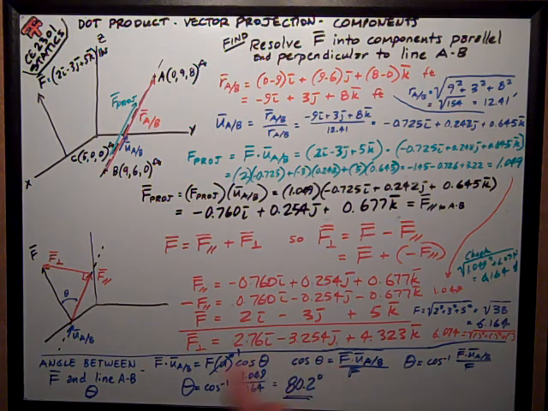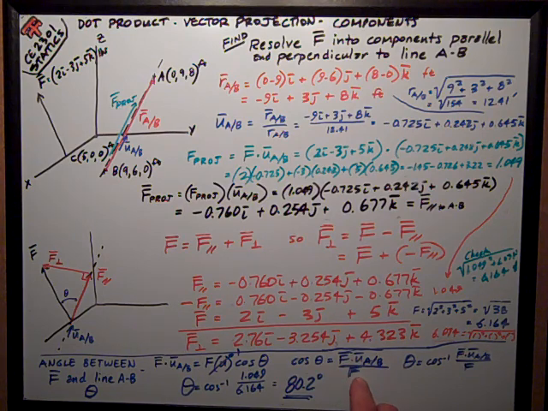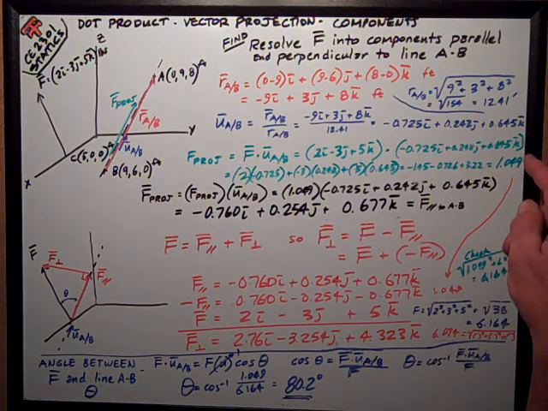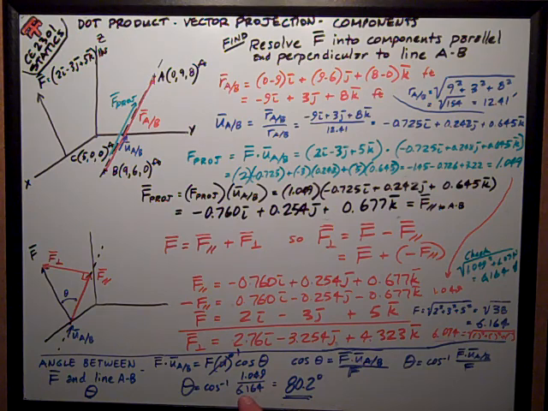So cosine theta, rearranging, is equal to the dot product of F and UAB divided by the scalar magnitude of F. So theta is equal to cosine inverse of that divided by F. Plugging in numbers, theta is equal to cosine inverse of 1.049, which is the dot product of F and UAB from up here, divided by the scalar magnitude of F, 6.164. Plug it into my calculator, 80.2 degrees.